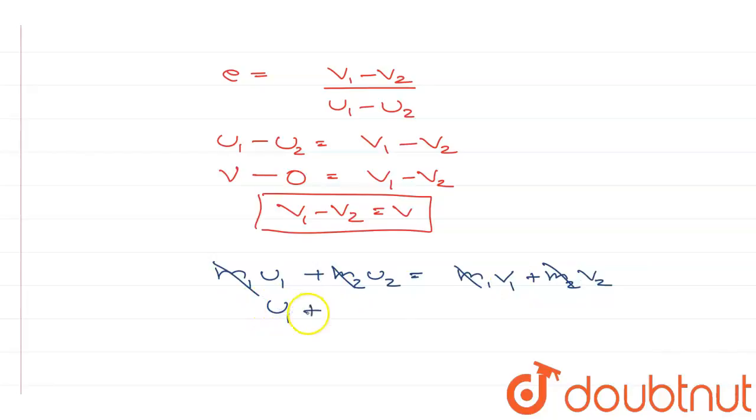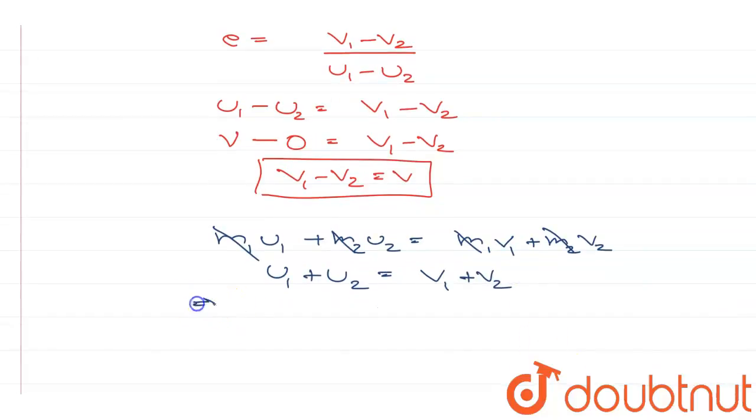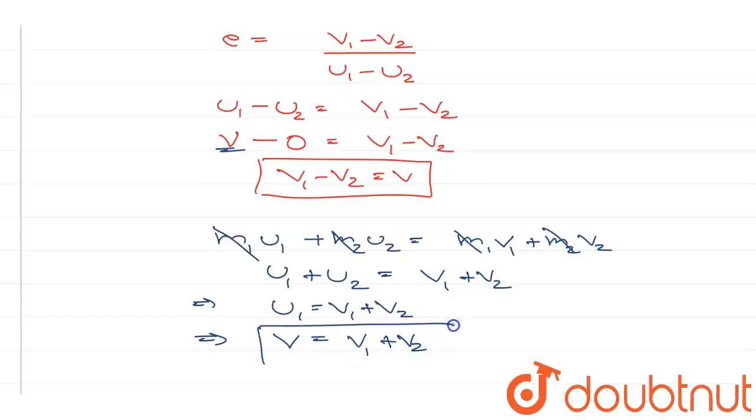So we have u1 plus u2 is equal to v1 plus v2. Now we know that u2, that is the initial velocity of B, is 0. So u1 will be equal to v1 plus v2. And since we have considered u1 to be v, that is the initial velocity of A, v1 plus v2 is also equal to v.